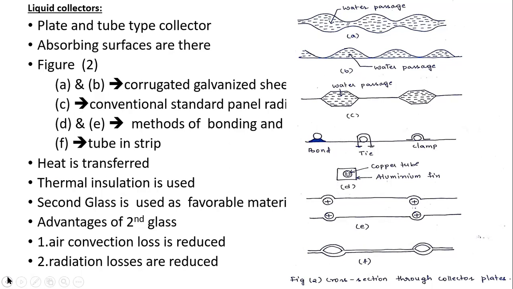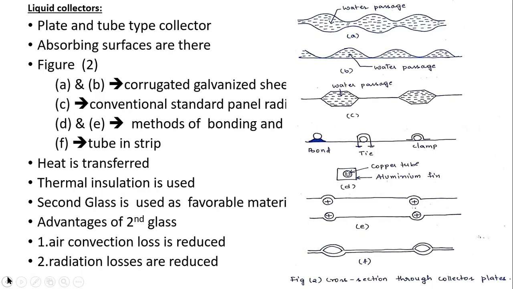In order to overcome them, we go for a second cover. What are the advantages of using this second glass over the first one? First, the loss due to air convection is reduced if you use the second one. This is an important advantage.